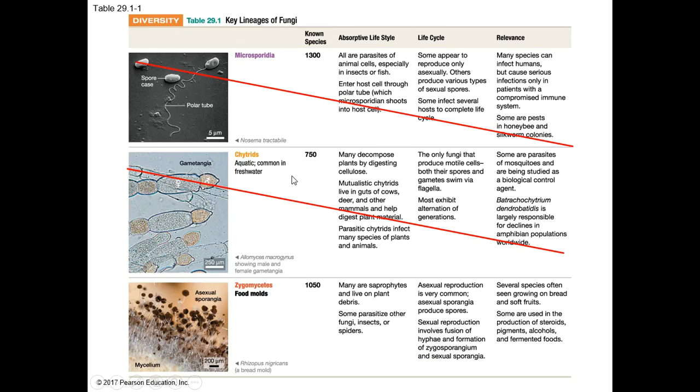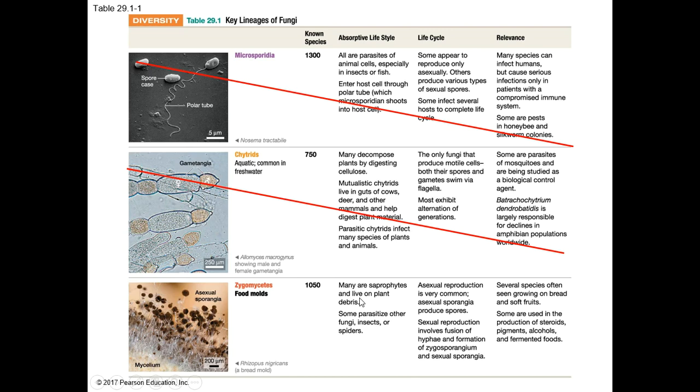All right, so here are the key lineages of fungi that you want to recognize, and I have crossed out here the ones you won't see on your exam, but we've talked about the zygomycetes already. This is what they look like. They've got those asexual sporangia, and these are basically your food molds. These are primarily soil dwelling.